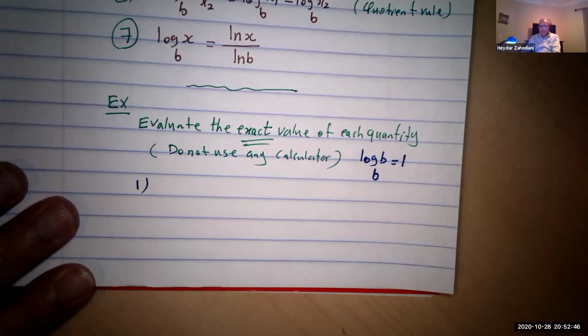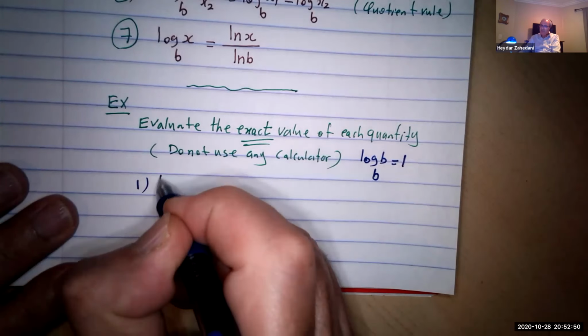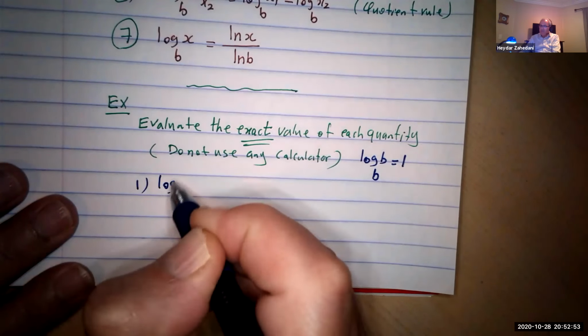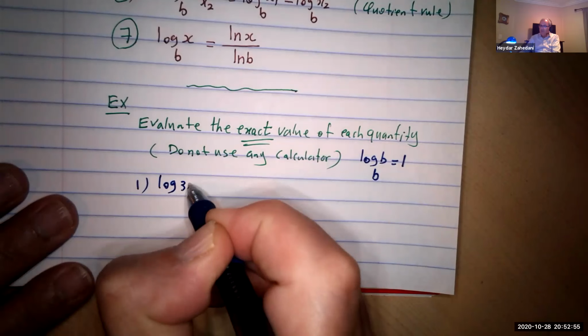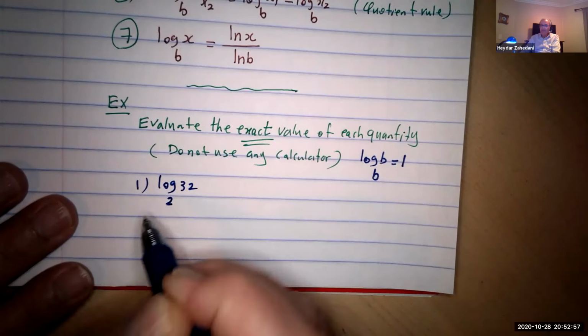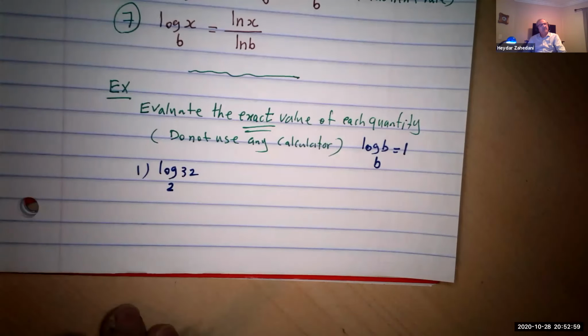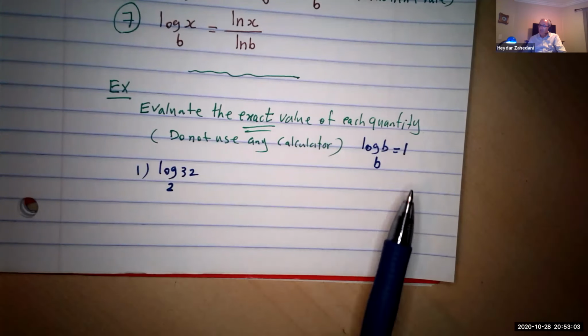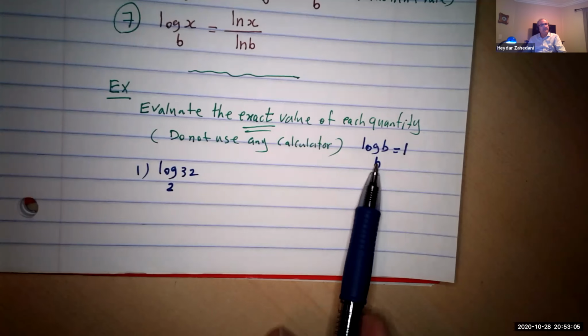Number 1, they ask you to find the log of 32 with the base 2. There are different ways to do it, but this is the way I suggest. You want to use only this fact.